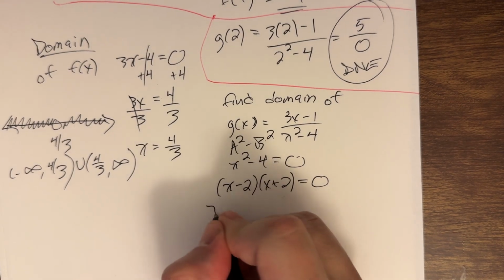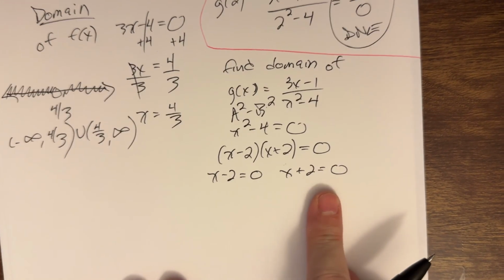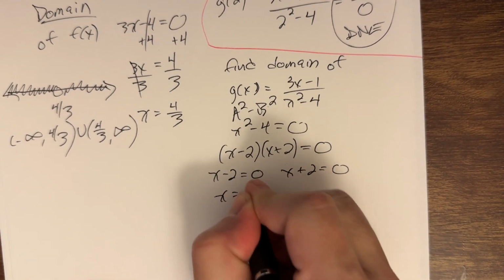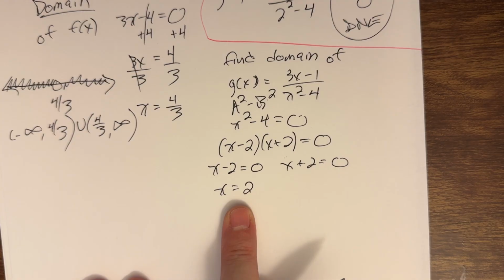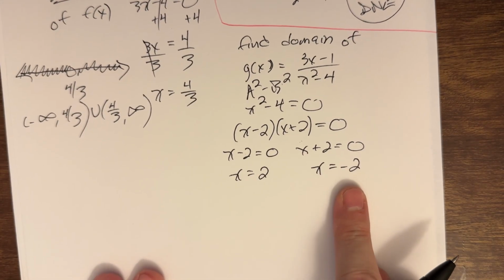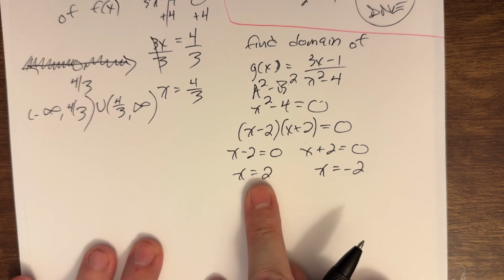Now I'll set each factor equal to 0. Over here, add 2 on both sides. I get x is 2. Over here, subtract 2 from both sides. I'll get x is negative 2. Now, we've already seen this one.